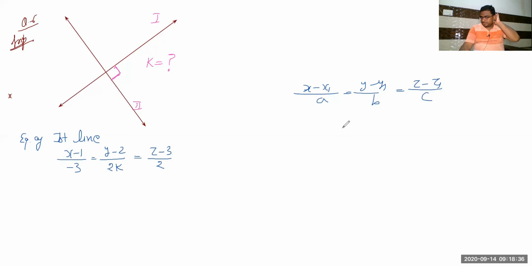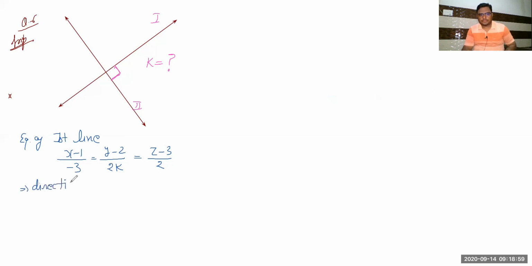If we do comparison, then this will be a, this will be b, and this will be c. And what are these? These are the direction ratios of the first line. So this implies that direction ratios a1, b1, c1 equal minus 3, 2k and 2.